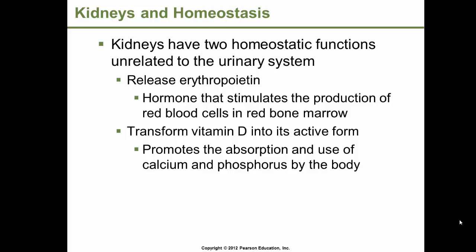Kidneys have two homeostatic functions unrelated to the urinary system. As we previously studied, they release erythropoietin, which is the hormone that stimulates the production of red blood cells in the red bone marrow. The kidneys also transform vitamin D into its active form. Vitamin D, of course, we absorb from the sun.